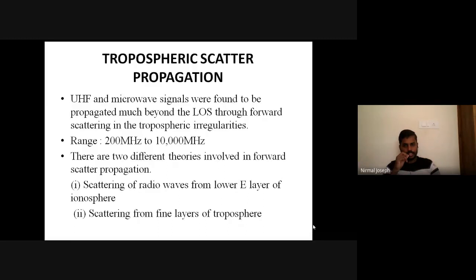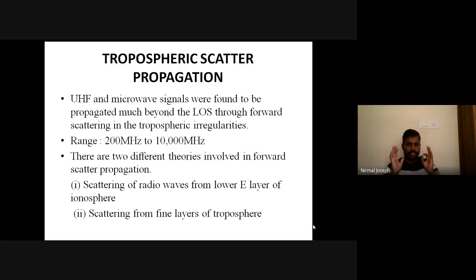There are two different theories involved in forward scatter propagation. One is scattering of radio waves from the lower E layer of the ionosphere. That we are not discussing here. We are discussing tropospheric scatter propagation, where the scattering happens in the troposphere. The second one is scattering from fine layers of the troposphere. That only we are discussing here.